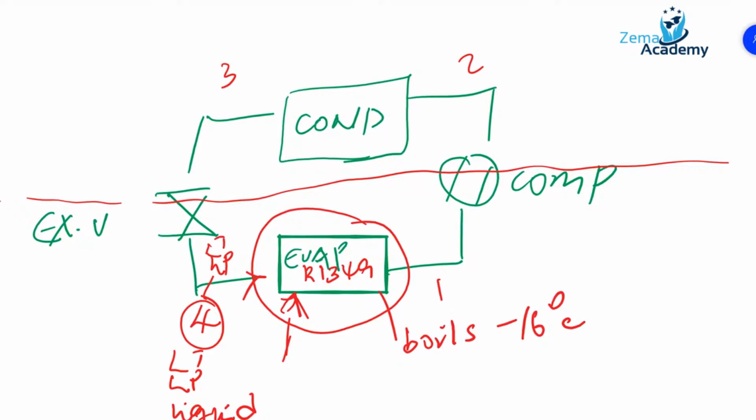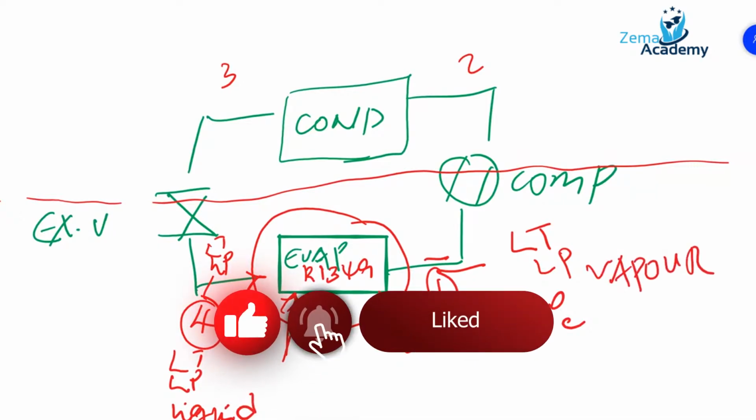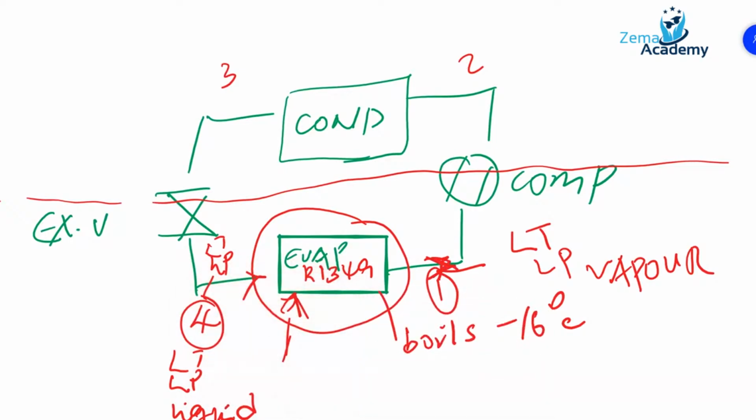So that low temperature and low pressure liquid gets boiled, and when it comes out at point 1, we have low temperature and low pressure vapor.